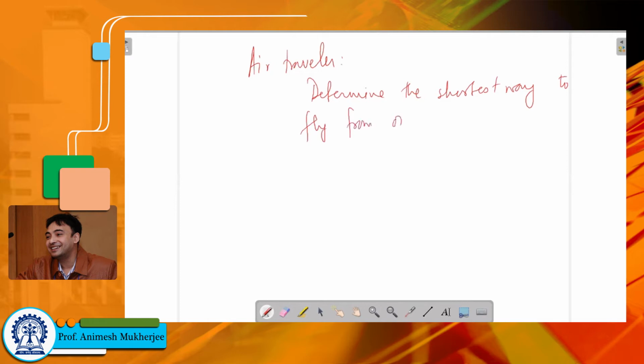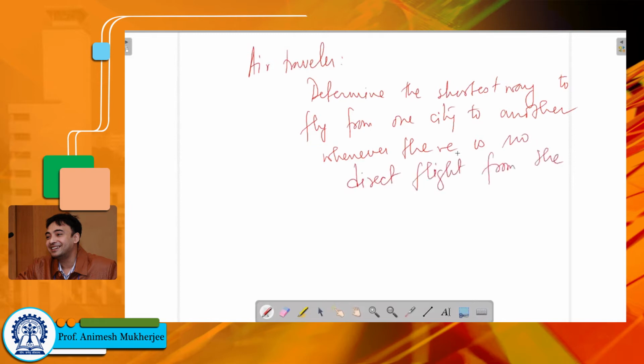from one city to another whenever there is no direct flight from the source to the destination city, and you are bound to hop.